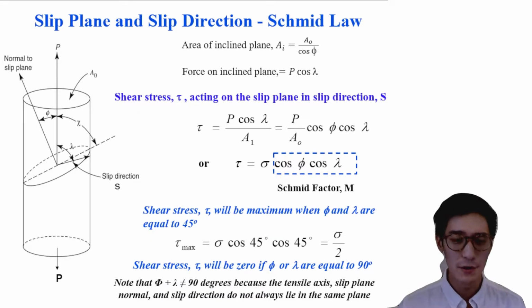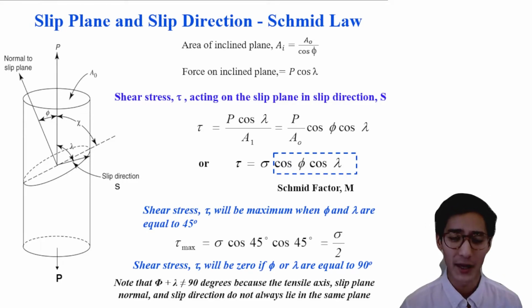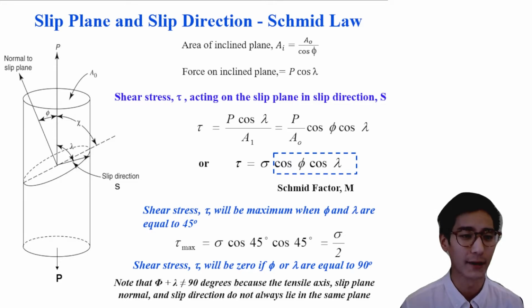As I mentioned earlier, dislocations require the applied stress to be in the direction of the Burgers vector to initiate slip. What happens if the applied load does not align with the slip direction? We use Schmid's law to calculate the portion of the applied load that is actually transferred to the slip system and slip direction.